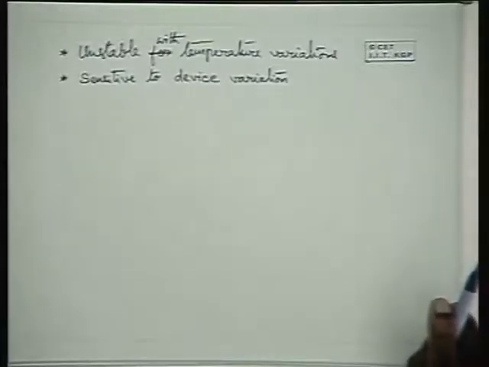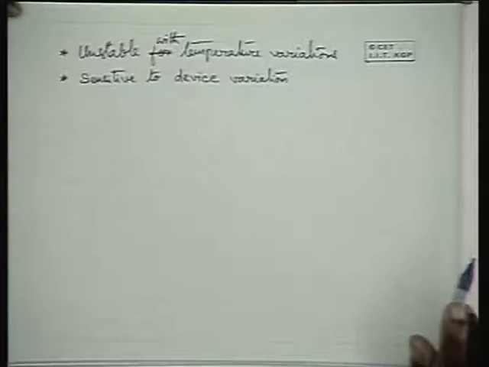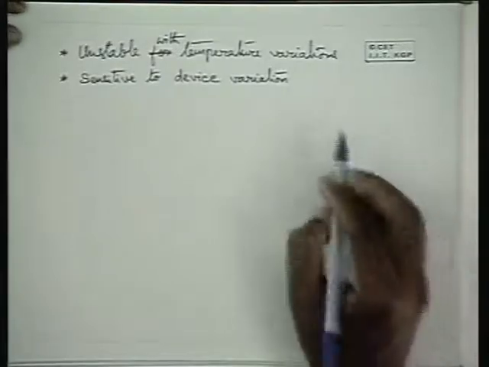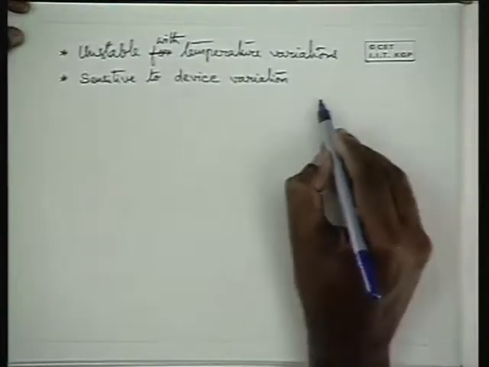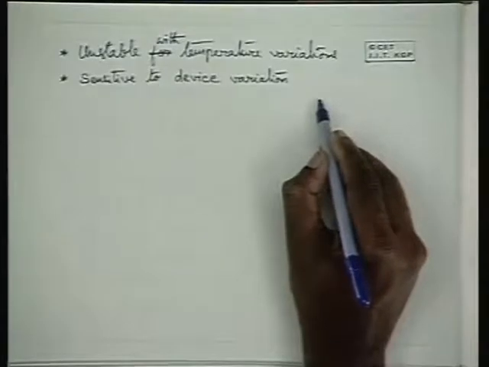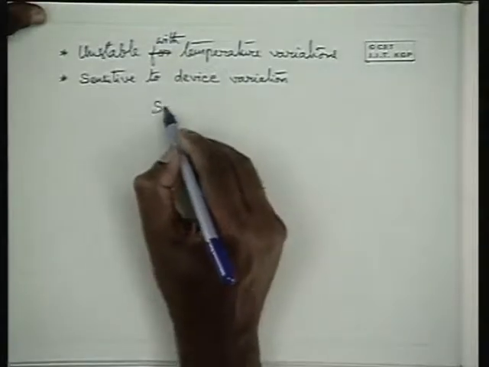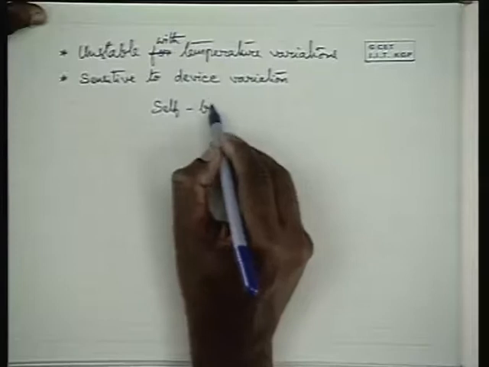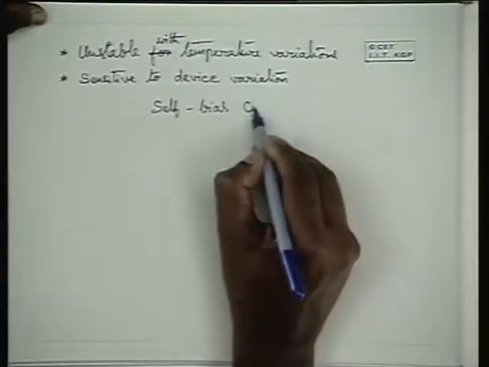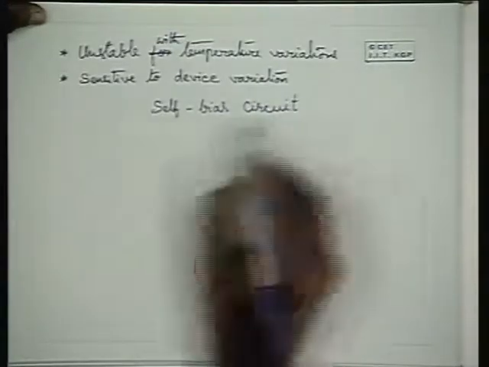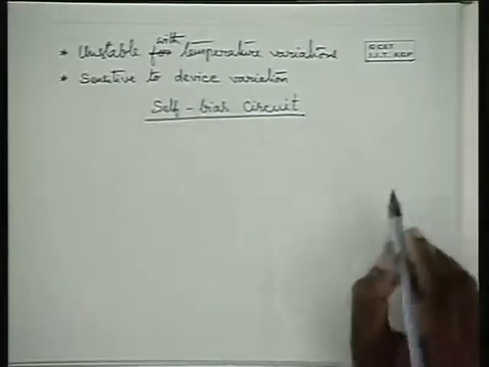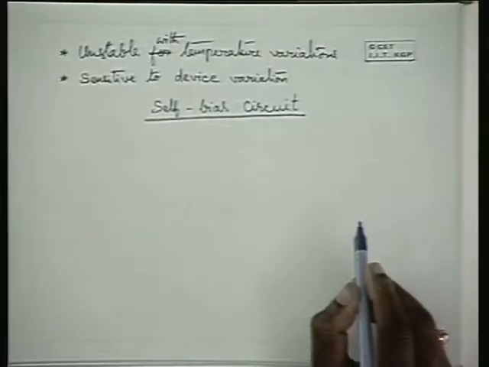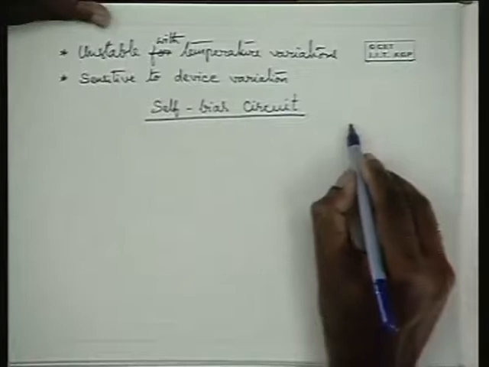Then what are the other circuits that are available? You have the self-biasing circuit, which gives you good stability.